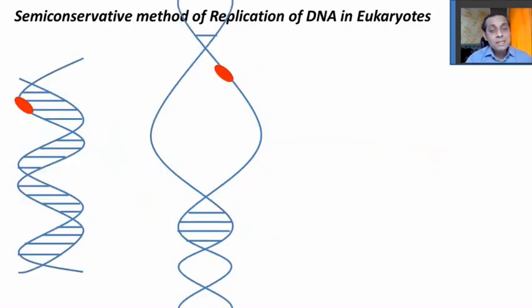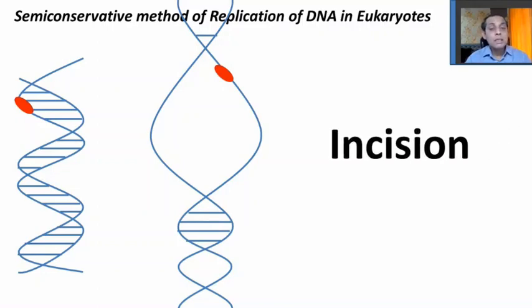Now, once the ORI is decided, there is an enzyme which is going to cut one of the strands. The enzyme is called an endonuclease, which cuts one of the strands so the helix can open and the helicase can start unwinding it. The cutting of one of the strands is called incision.